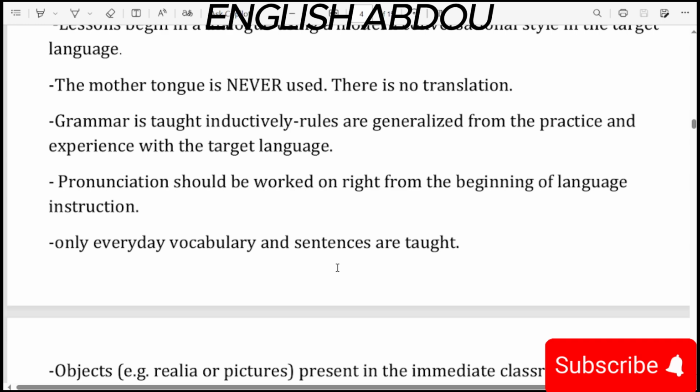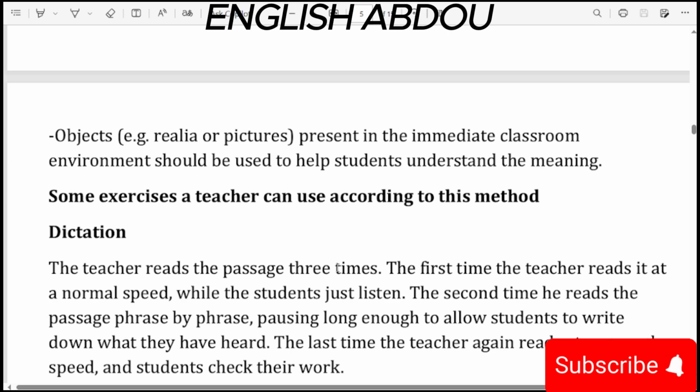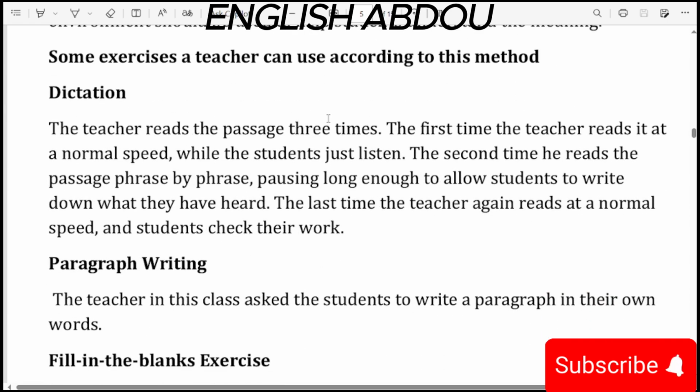Okay, objects, so realia, anything can help students understand the meaning of vocabulary, based on pictures, realia, things, items, ethnic materials, and so on and so forth. Okay, these are some exercises a teacher can use according to this method.